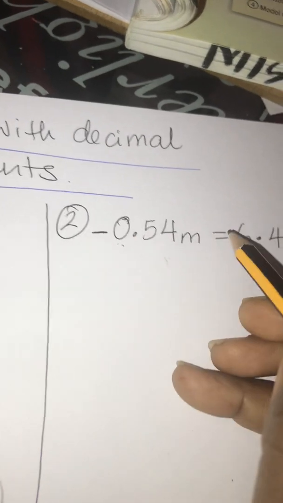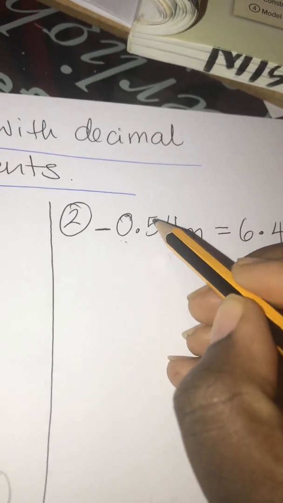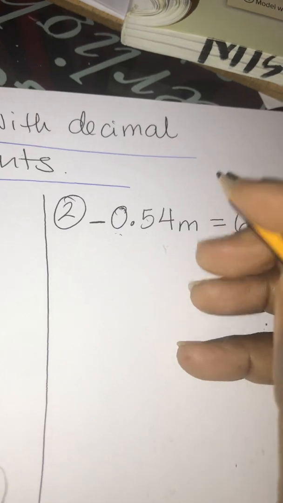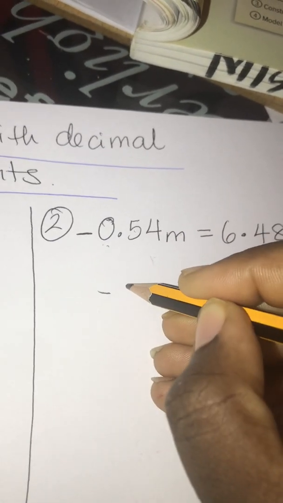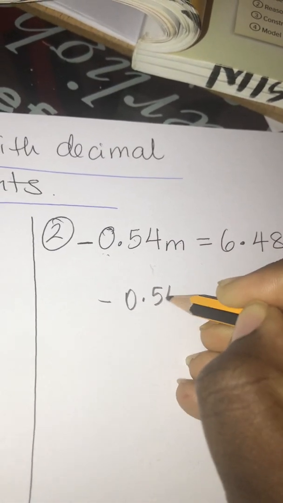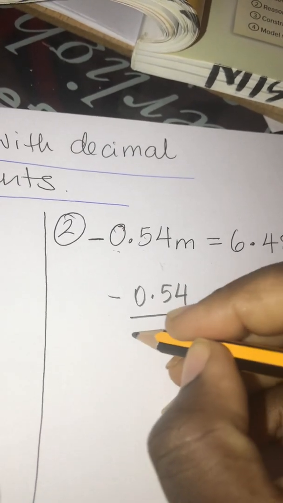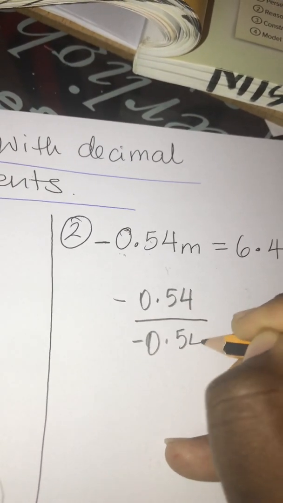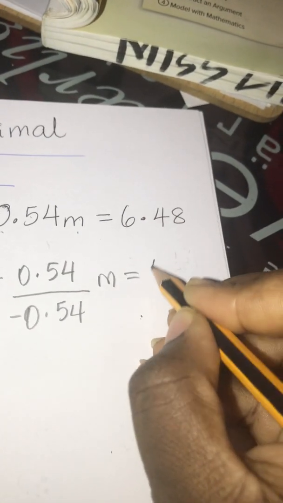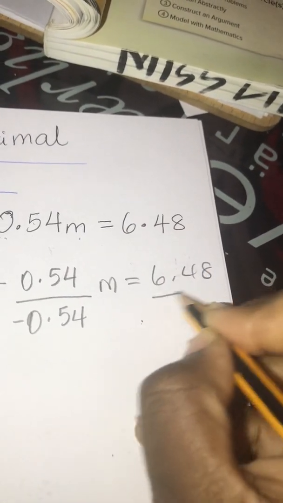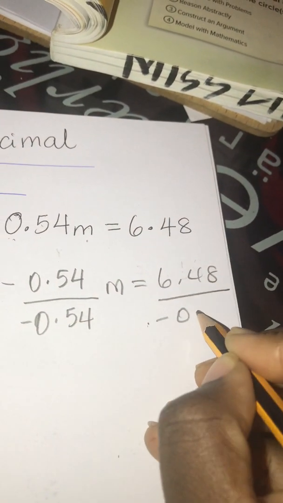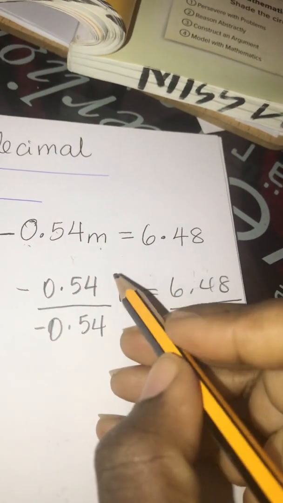All right. Here is my question. So I divide both sides by my coefficient because I'm multiplying here. The opposite of multiply is divide. So I write negative 54 hundredths divided by negative 54 hundredths with my variable is equal to 6 and 48 hundredths divided by negative 54 hundredths.